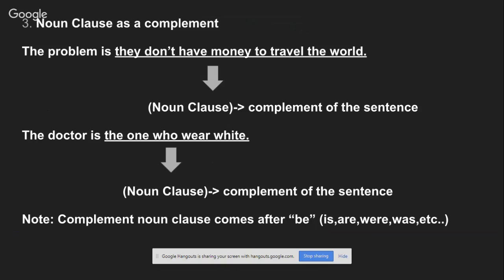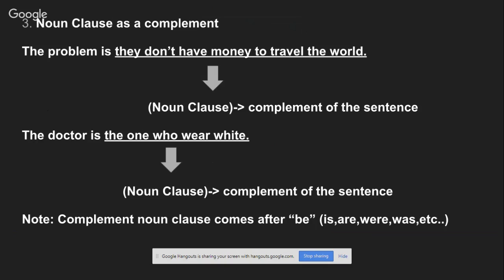And the third one is noun clause as a complement. This is different from noun clause as an object because it doesn't receive the action, but it comes after be.